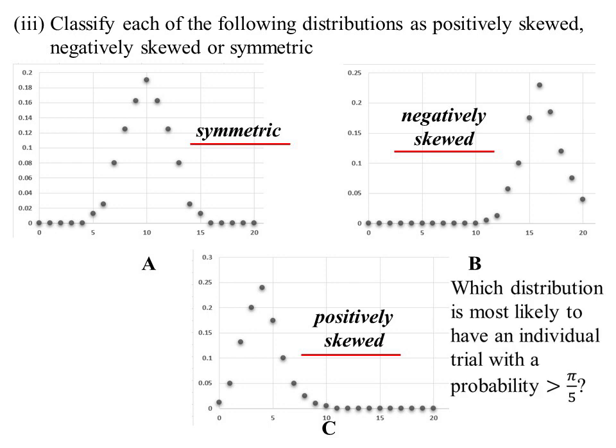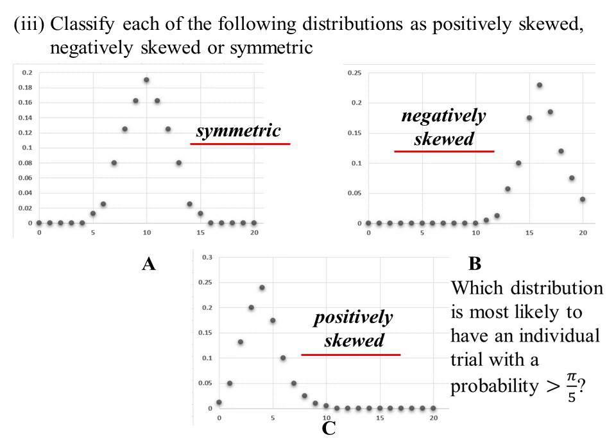So of these 3 distributions, which one would have an individual trial with a probability greater than pi on 5? Well, pi, approximately 3.14158976932288419793993755105820751058207816406228 approximately.